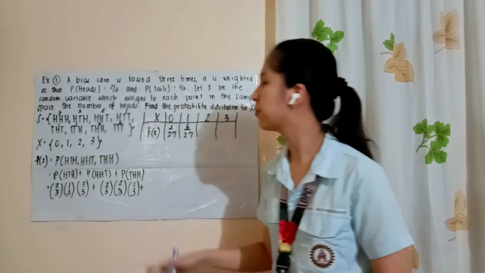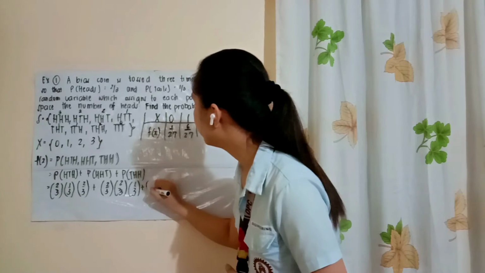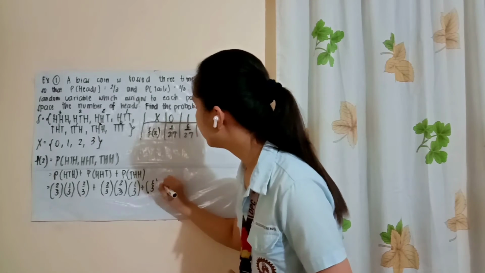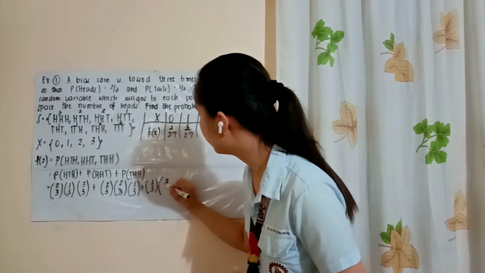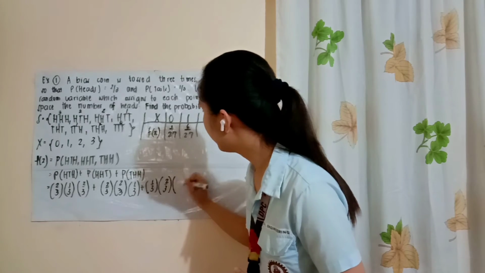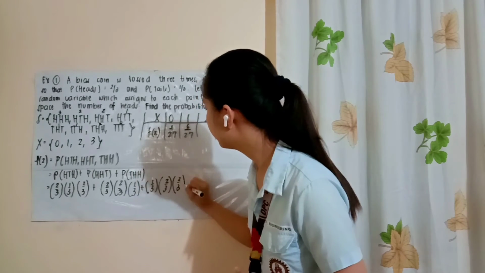And last, THH: 1/3 times the probability of head, 2/3, and the probability of head again is 2/3.